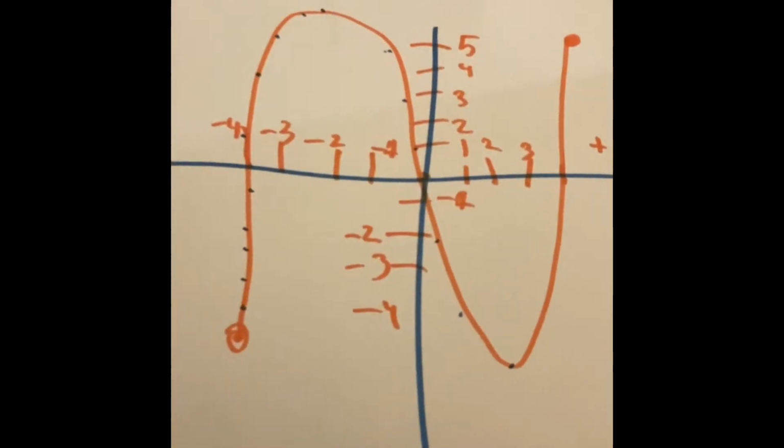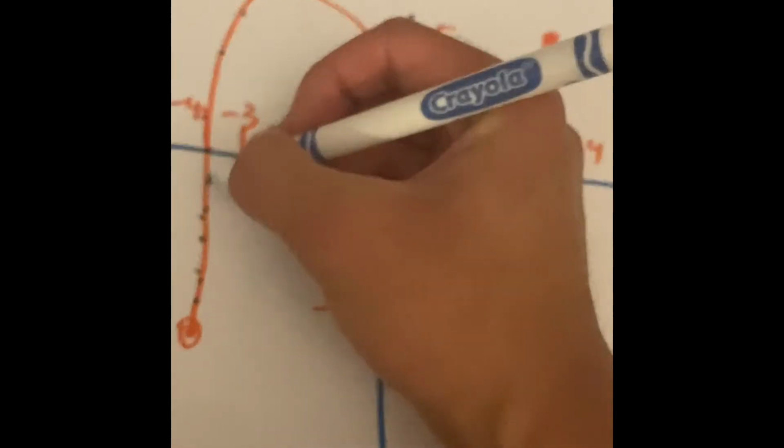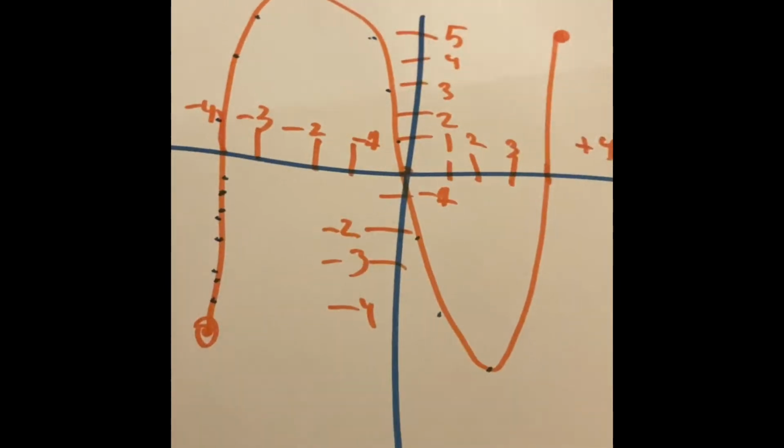So that's why we're going to have the domain and the range as an inequality, because the lines are being included, the numbers inside the lines.